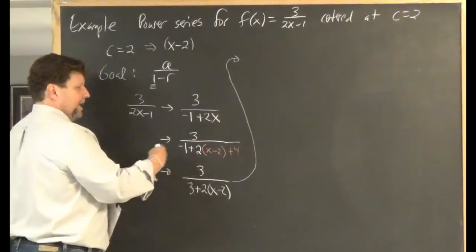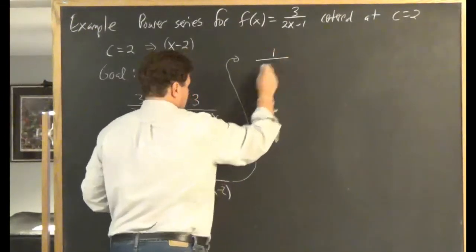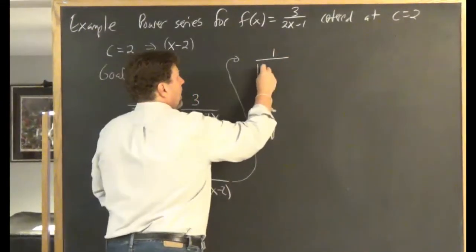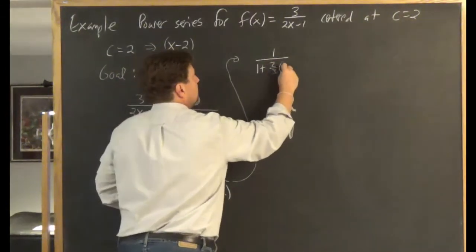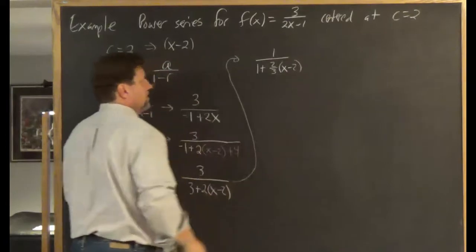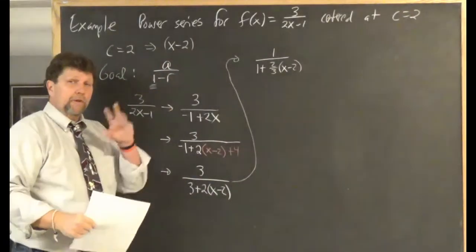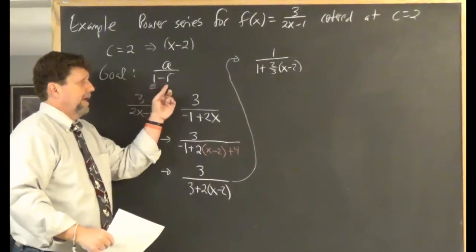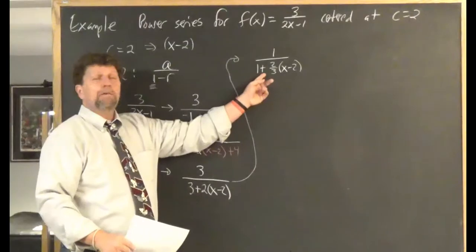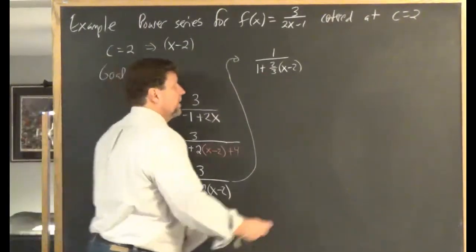So I divide everything in the numerator and denominator by 3, and that gives me a 1 over 1 plus 2/3 times x minus 2. I think I've hit the goal. So if right now you're saying, oh, no, you haven't, Bill, because the goal is a 1 minus r, and this is a 1 plus. It's not a 1 minus. Now, I've hit my goal.